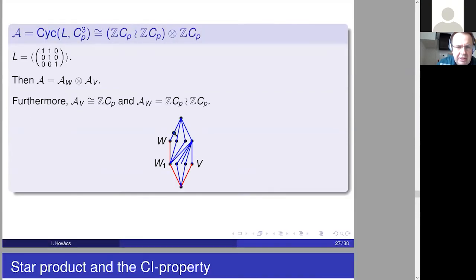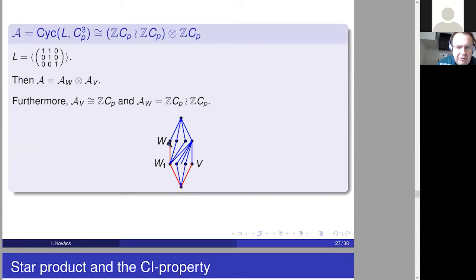If you take this S-ring as before, now we can select two A-subgroups, W of order p squared and V of order p. They intersect trivially. My claim is that the S-ring induced on this subgroup of order p squared and the S-ring induced on V give you the tensor product of these two S-rings, which is exactly your ring.